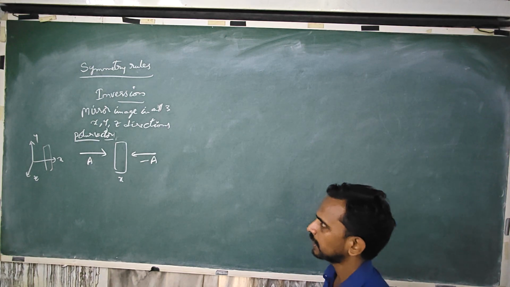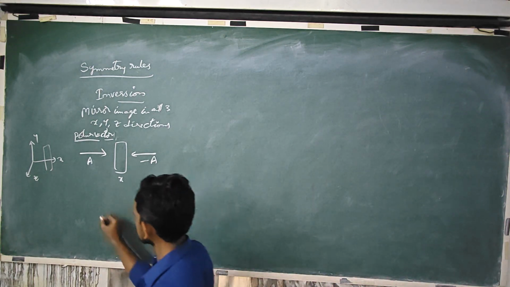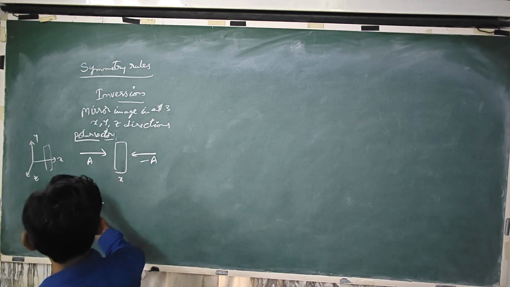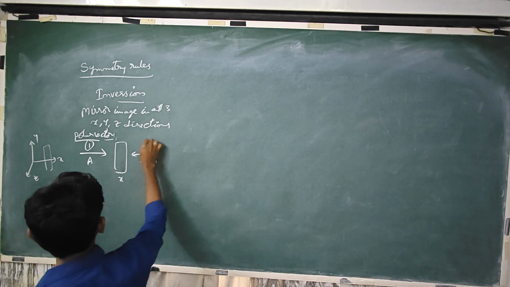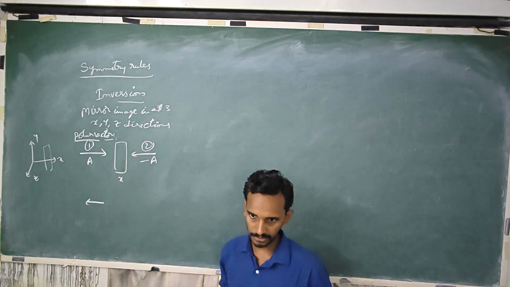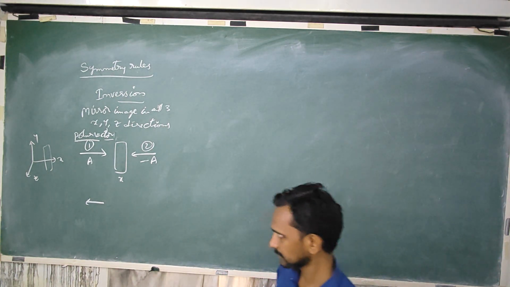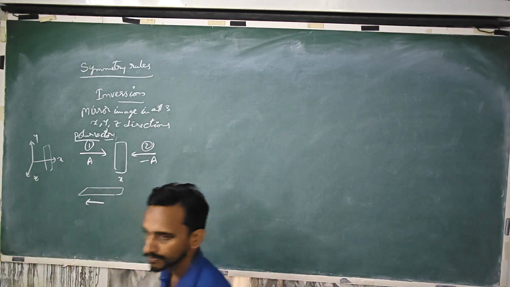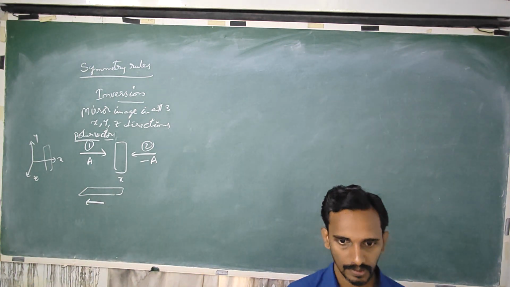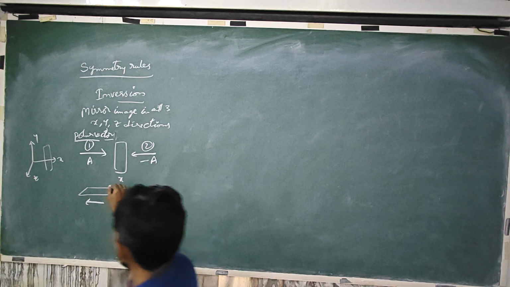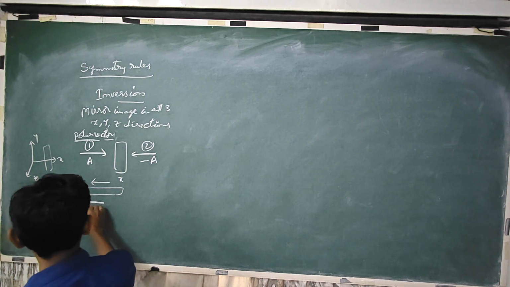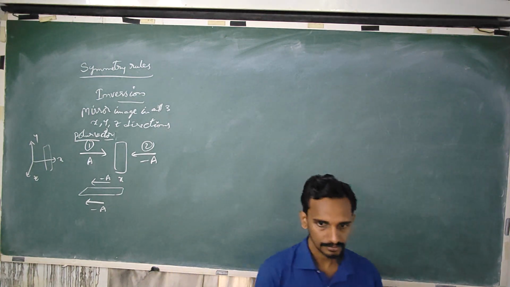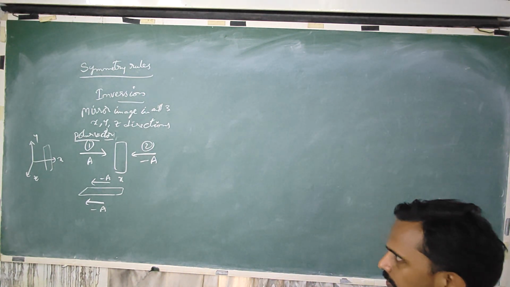Now keep the mirror along the y-axis. This is my vector now. I have to apply the mirror operation on the resultant vector. So now I am keeping the mirror here, and this is the image. No change.